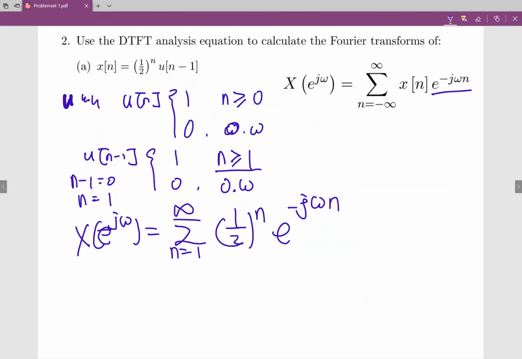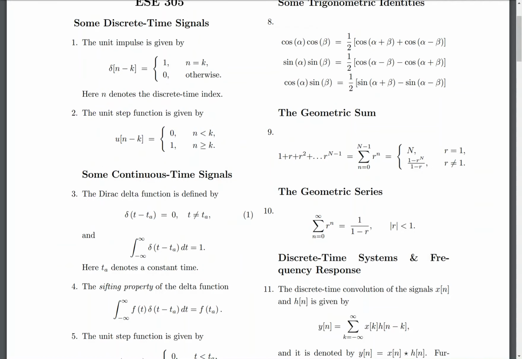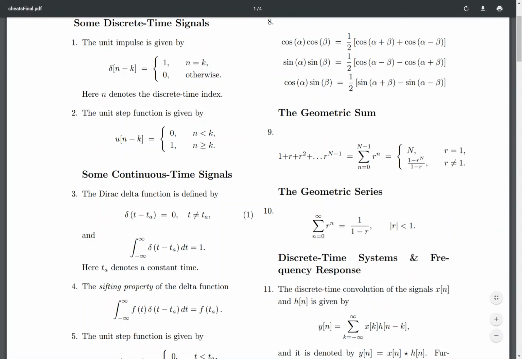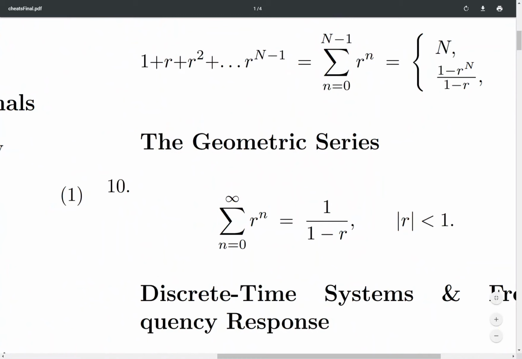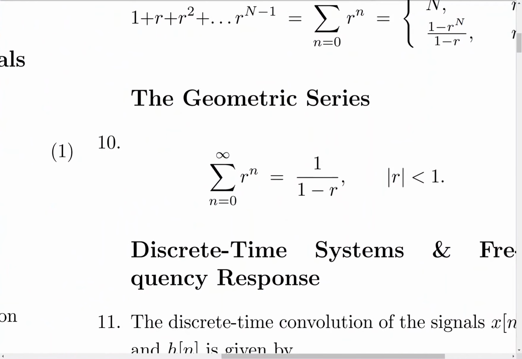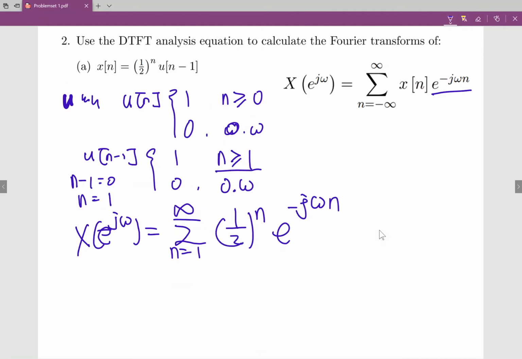One thing about the sum of a geometric series is you have to start from 0. You cannot start from 1. But here we have the sum starting from 1, so we have to change it.